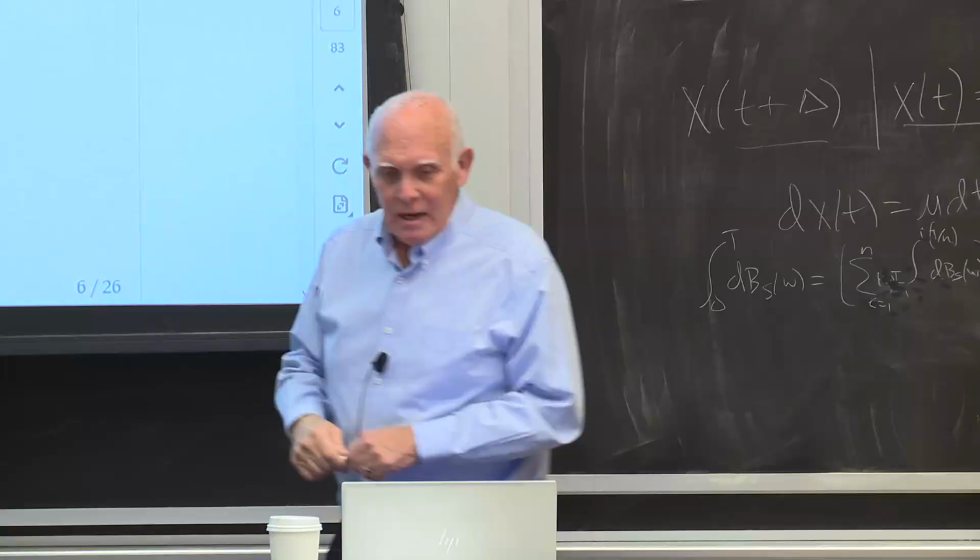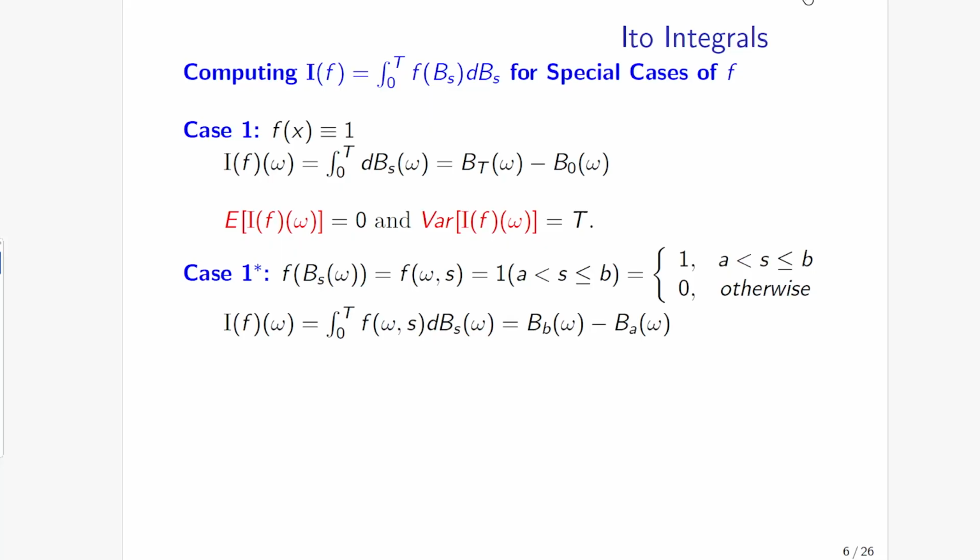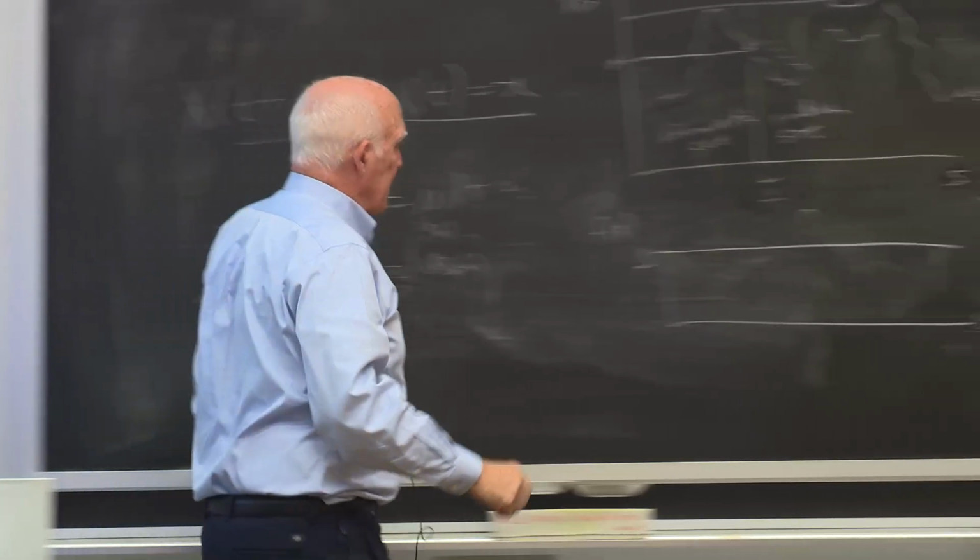Well, if we change our function f to be not the constant 1 over the whole real line, but just the indicator of an interval, it's just 1 between a and b.